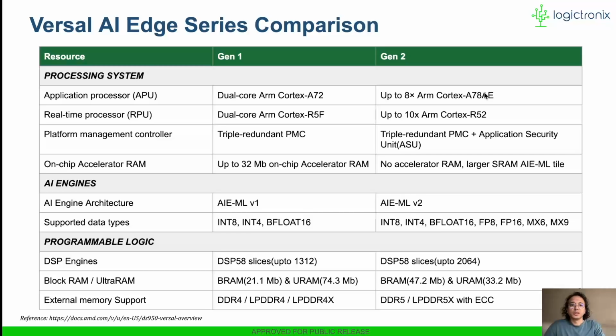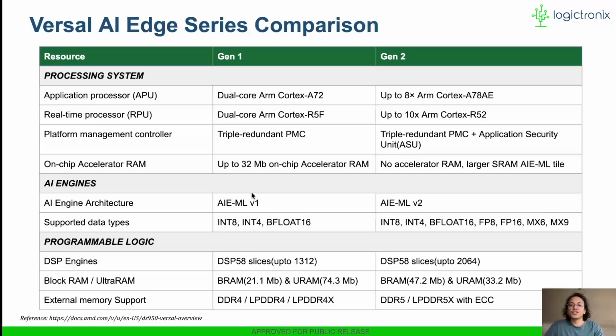RPU has also been upgraded to up to 10 core ARM Cortex R52. The platform management controller previously had triple redundant PMC, but now a separate application security unit has also been added.